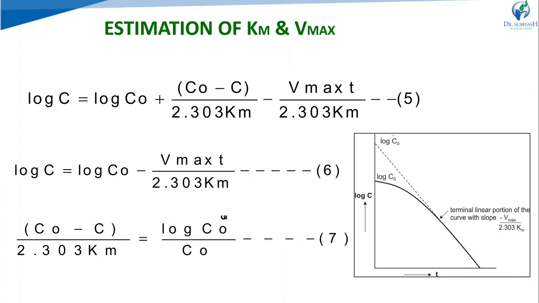So log C is equal to log C0 minus Vmax upon 2.303 Km into t. At low plasma concentrations, we equate the two and simplify the equation further: (C0 minus C) upon 2.303 Km is equal to log of back extrapolated C0 upon C0.